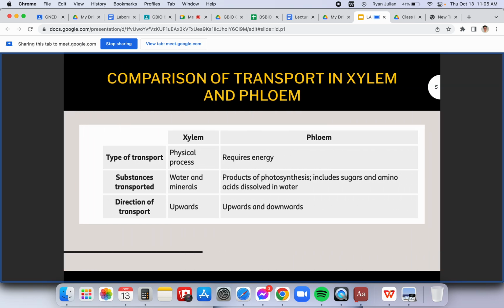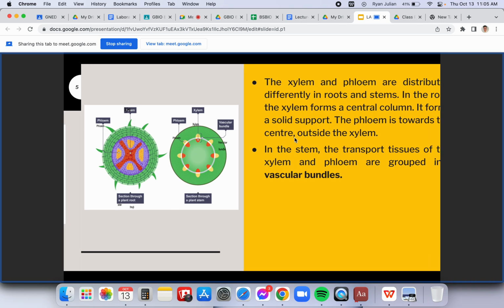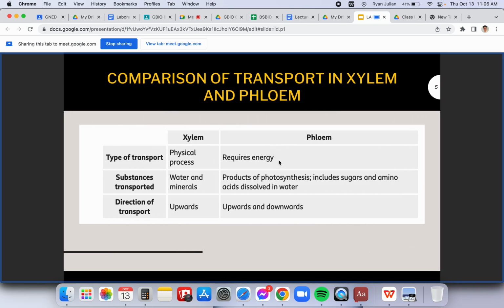Let's discuss the comparison of transport in xylem and phloem. For the type of transport, in xylem, it undergoes a physical process. And for the phloem, it requires energy. As for the substances transported, we have water and minerals for xylem, and for the phloem, products of photosynthesis, which include sugars and amino acids dissolved in water, making these sugars hydrophilic, which means that they can be blended or mixed with water.